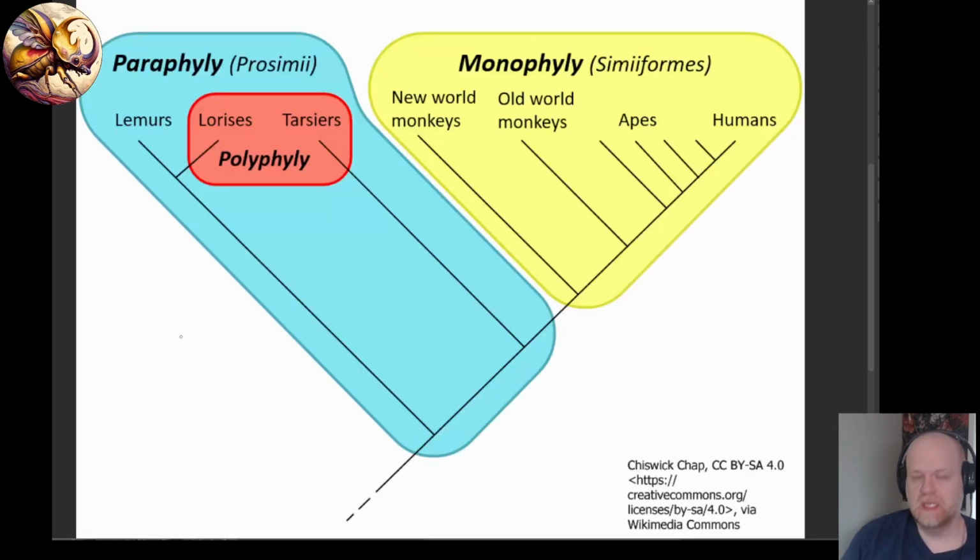Other concepts that we need to talk about are monophyly, paraphyly, and polyphyly. Phyly referring to the phylogenetics of this situation. So sometimes we give names to groups that aren't necessarily all-encompassing of that group. It doesn't necessarily mean that everything in that group is related.